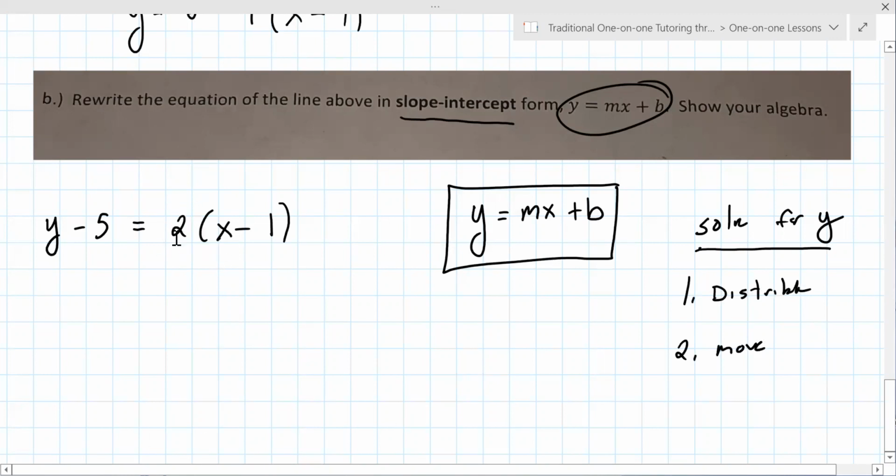This 2 distributes into the parentheses. 2 times x is 2x. 2 times -1 is -2. That's the distribute step.